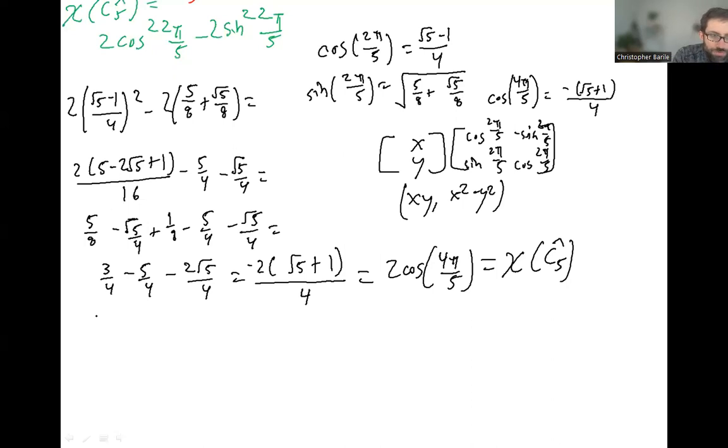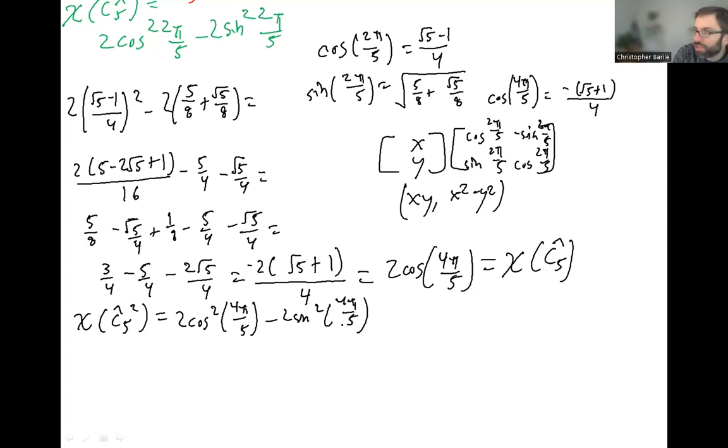And so our final answer for the character is just going to be chi of C5 squared, now 2 times, equals the exact same thing, but now with 4 pi over 5, because we're doing a 144-degree rotation instead of a 72-degree rotation. And so we can write that out here, that it's just 2 cosine squared of 4 pi over 5 minus 2 sine squared 4 pi over 5.